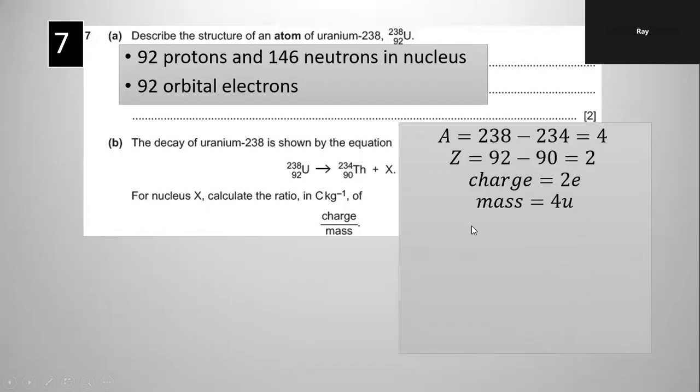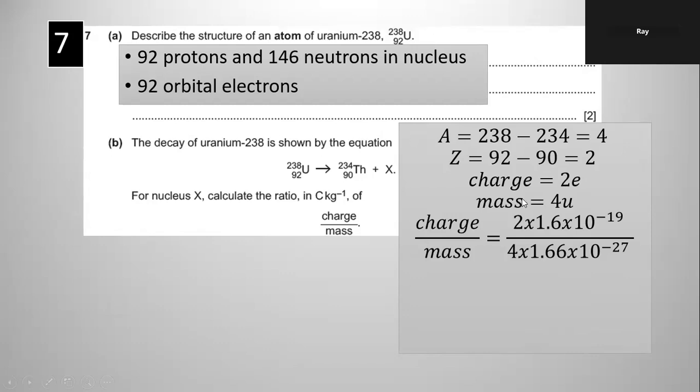Mass is 4 u, atomic mass unit. So charge is 2 times 1.6 times 10 to the minus 19, over atomic mass unit times 4. Then convert the atomic mass unit to kilogram. Look at the data sheet.